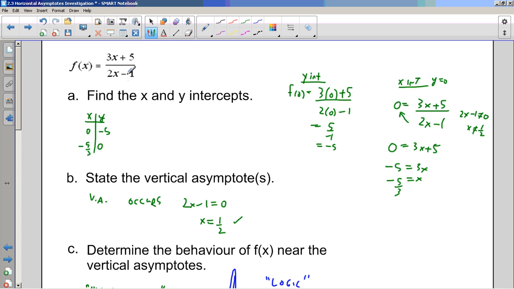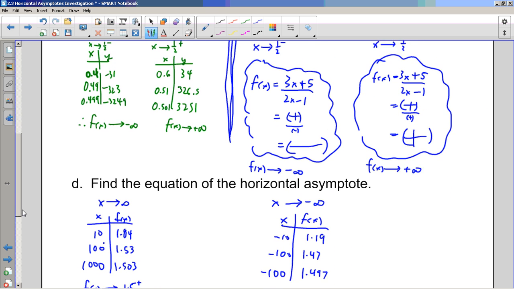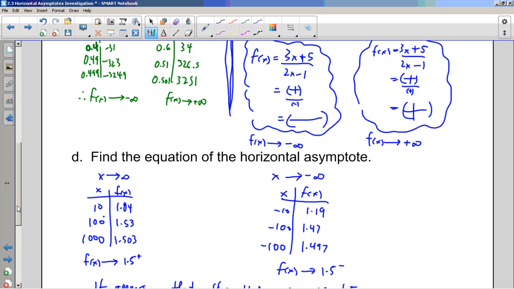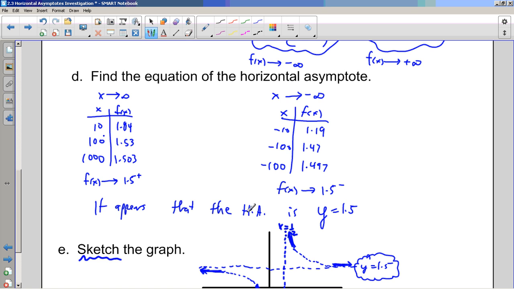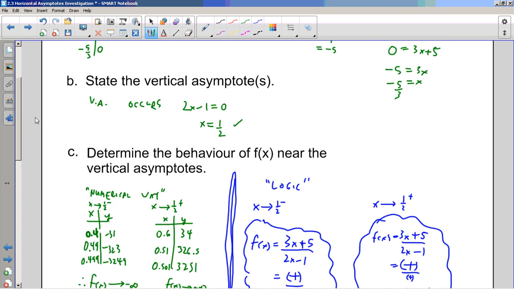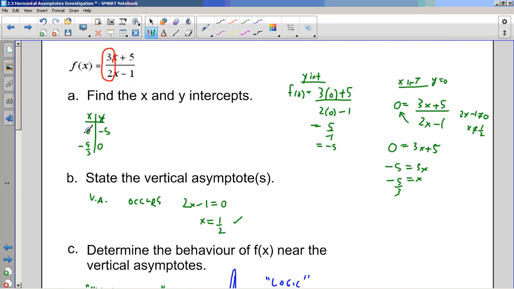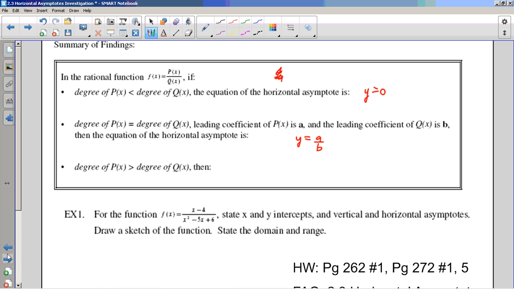The degree was 1 on both top and bottom, and so the leading coefficients were 3 and 2, and the horizontal asymptote ended up being 1.5. Wouldn't it have been nice, because that was a long 3-minute review, to just pick it off in this way.